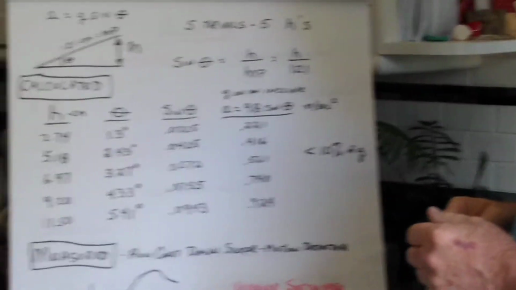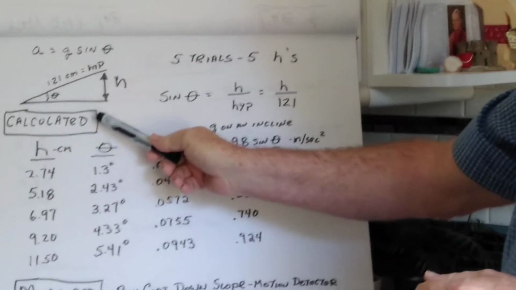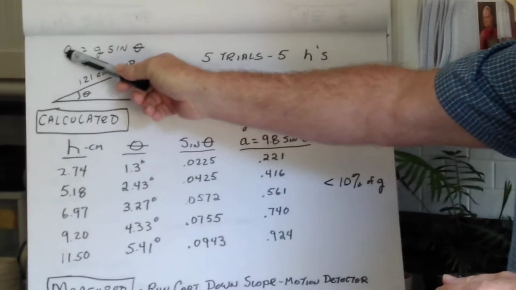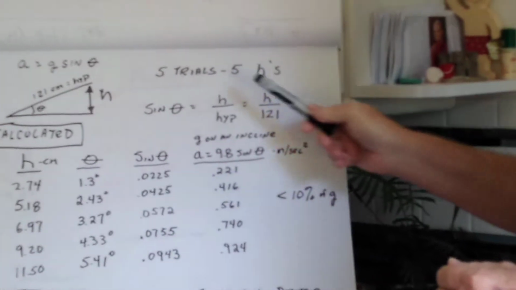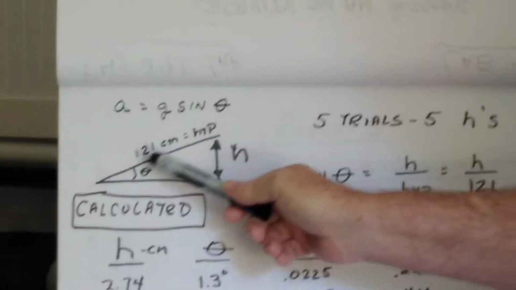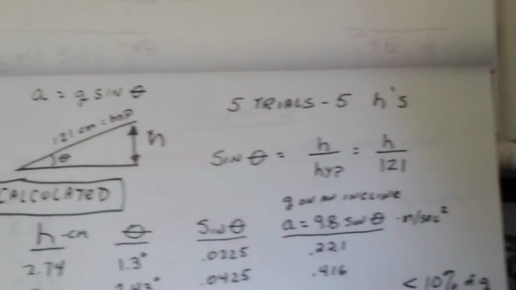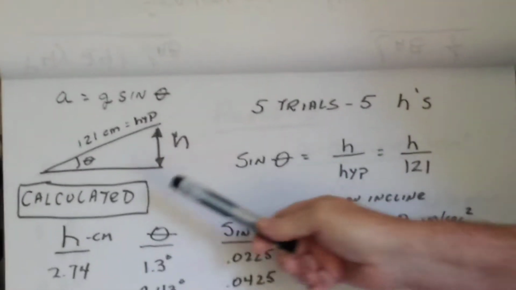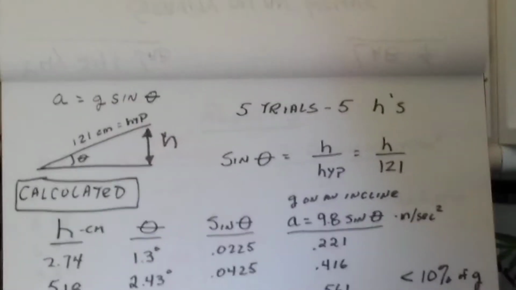So initially we're going to calculate what a is going to be based on this formula, and then we're going to do 5 trials of running a cart down that ramp and measure it using the motion detector. We're going to compare our calculated acceleration to our measured acceleration.